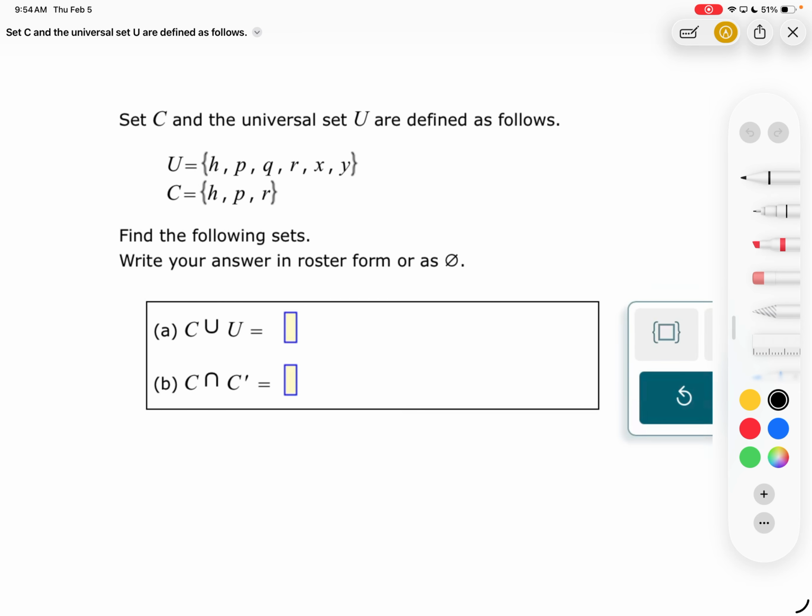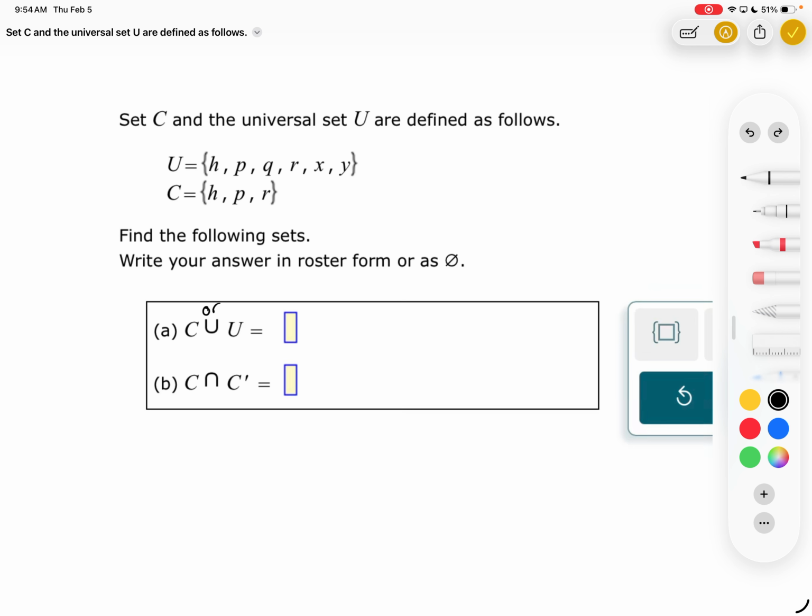So C union the universal set. You see the difference between the U's. When I go to write it, I can't write the difference; U's look like U's. So C or U. If I bring these together, not what they share, what is in C or the universal set?